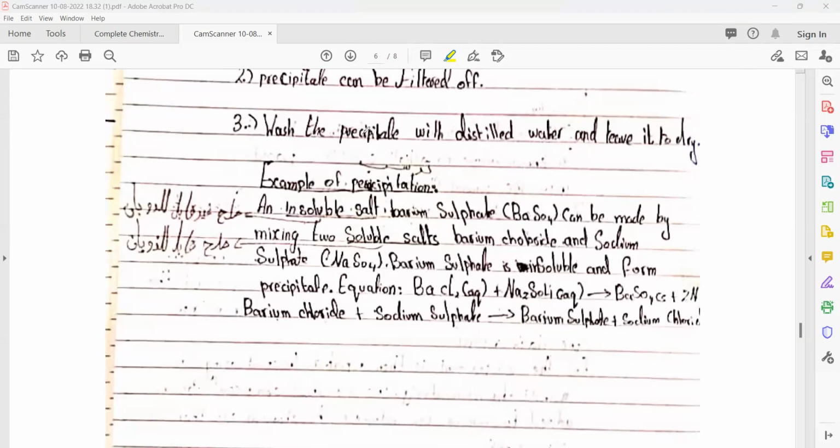No problem. Look how you can make an insoluble salt. If you want to prepare barium sulfate, that is your insoluble salt, meaning you get it in the form of a precipitate. How do you get it? You need barium chloride, BaCl2, plus sodium sulfate, Na2SO4.